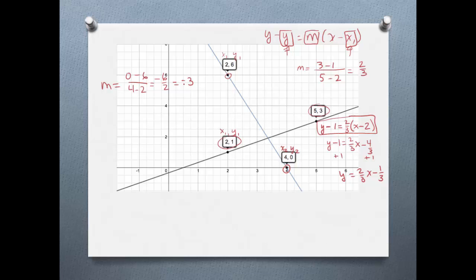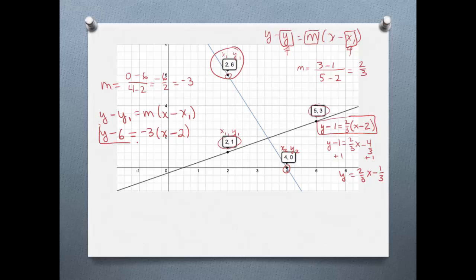So that's my slope. And then if I go to the point-slope form, y minus y1 is m times x minus x1, and I'll just use this point here as x1, y1. I have y minus 6 equals, my slope is negative 3, times x minus the x-coordinate at this point, which is 2.